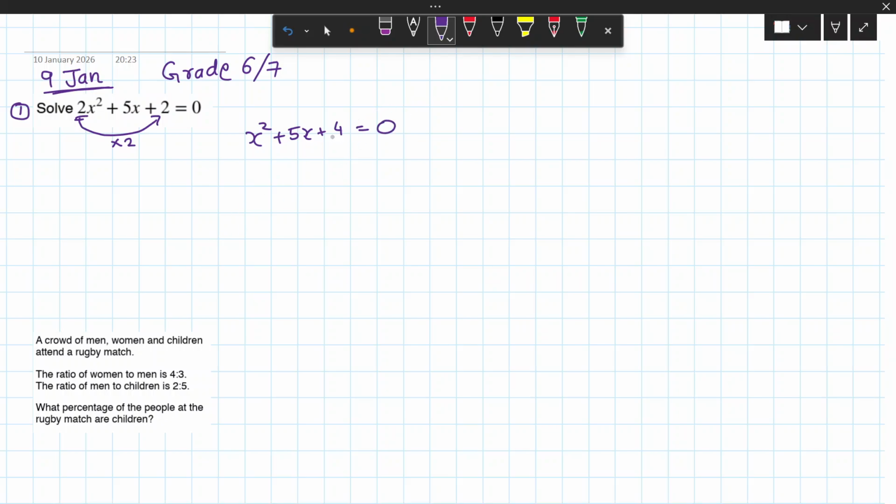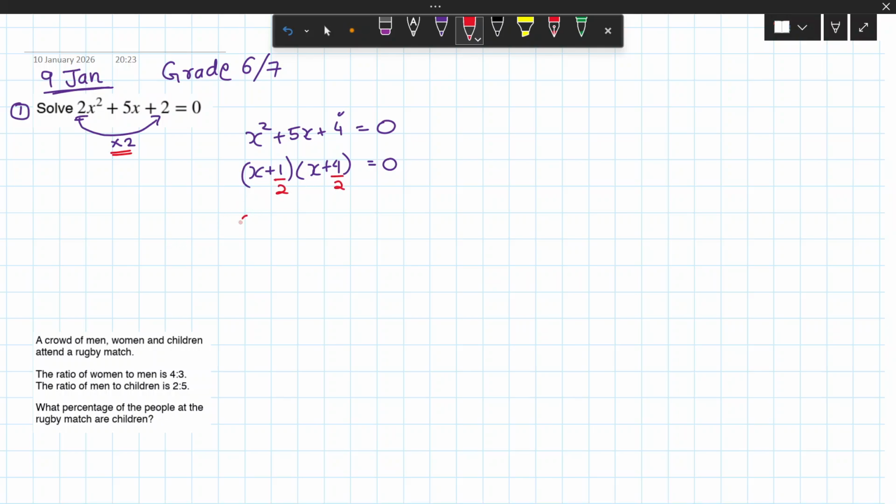Next step, obviously, we're going to have to factorize it. So that will be x plus 1 and x plus 4, which is equal to 0. We're going to have to solve this, but before we solve this, because I multiplied this by 2, we're going to have to divide this by 2 as well.